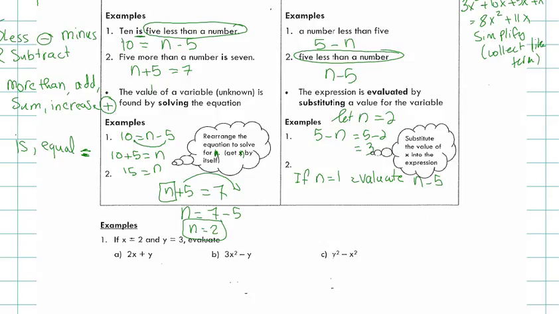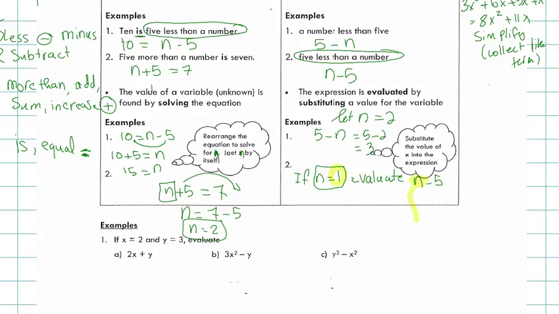N is 1, and I'm asking you to evaluate n minus 5. So you have to replace that n with this value, because I am telling you n is 1.